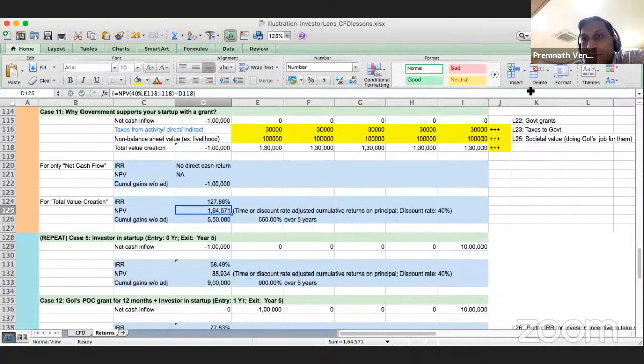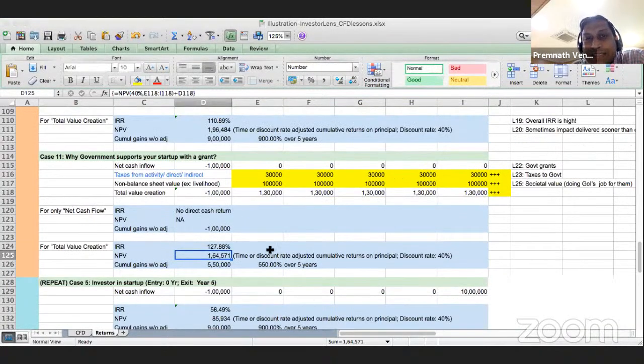Please remember that this is just for the 5 years I calculated, right? Of course, I've put some numbers I've cooked up, but please remember that this will keep going on for them, right? That means if you continue as a company, you'll continue paying taxes as long as you're alive as a company, and you're going to create jobs. So they have done their job as the government.